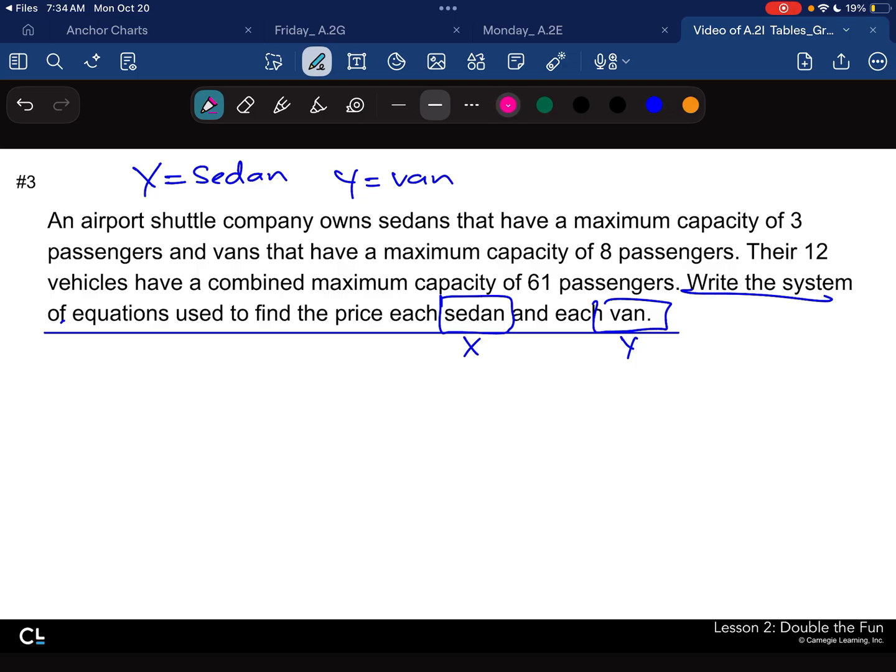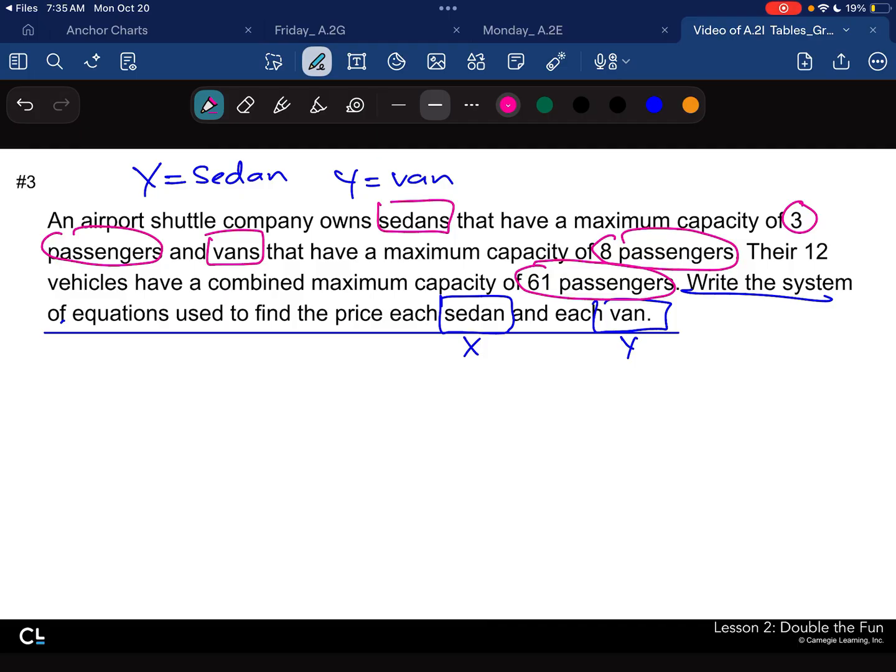Next, I am going to look at where they have the same unit or same category. Here, I see 3 passengers because that's a sedan. And then a van has a max capacity of 8 passengers and then a total of 61. So one equation will have 3, 8, and 61 in it.